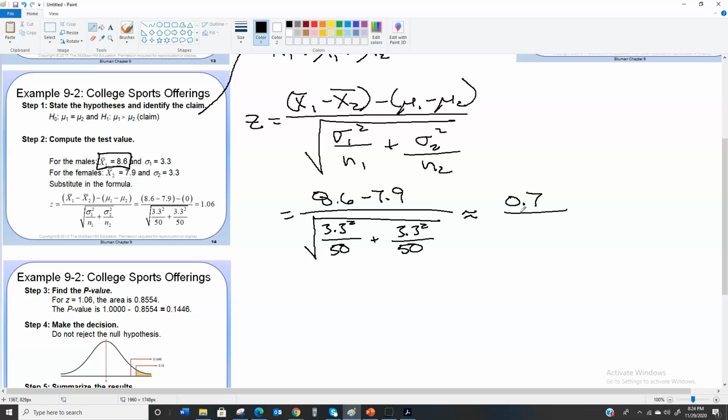And then if we do the square root of that, the bottom comes out to be exactly 0.66. So then when we divide 0.7 divided by 0.66, we get 1.06. Okay, I'm going to take away the approximately equals because this came out to be exactly 0.7 divided by 0.66, but then when we divide that, it comes out to be about 1.06.